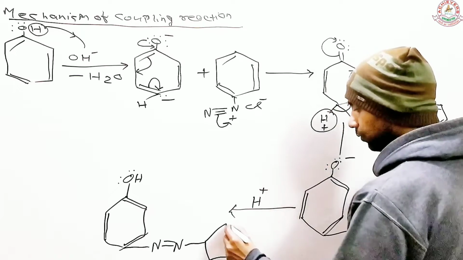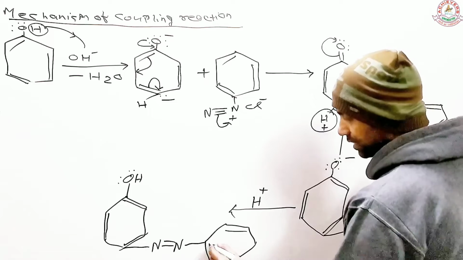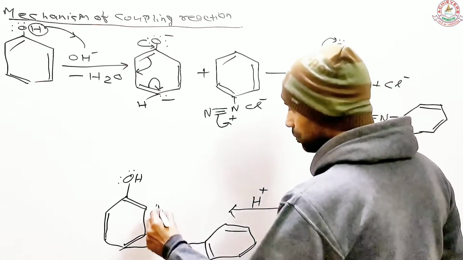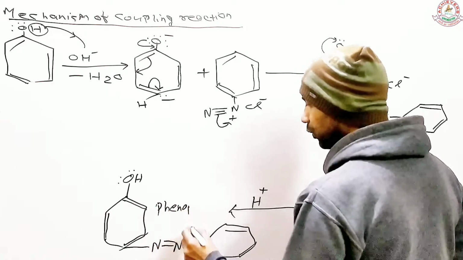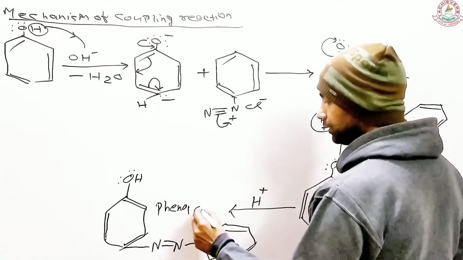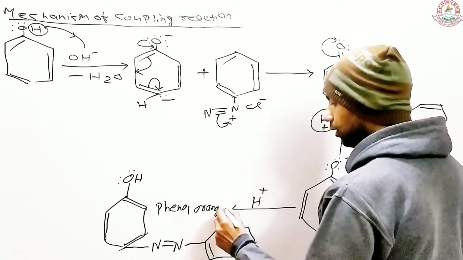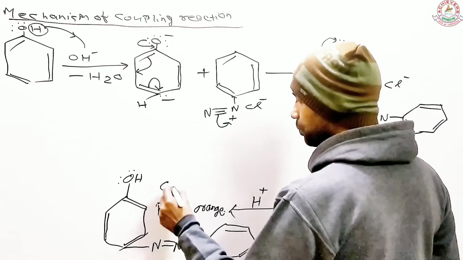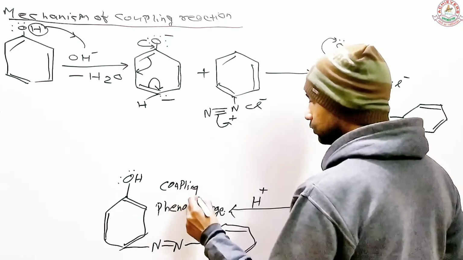So this is ultimately your product. You can place the double bond anywhere right here because it's not an issue. And what is this called? This is called phenol orange. So this is the dye, the reaction was about phenol orange, if you remember. And this is also called a coupling reaction.